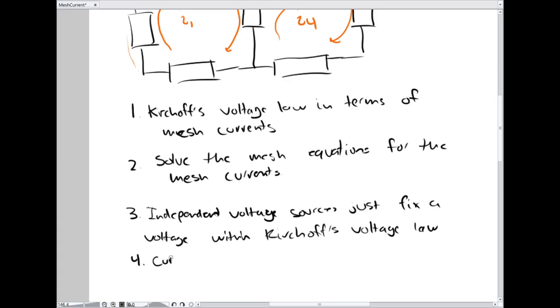Current sources, dependent or independent, although independent entangle things more, on the outside, just straight up specify mesh currents so we don't have to solve for them.